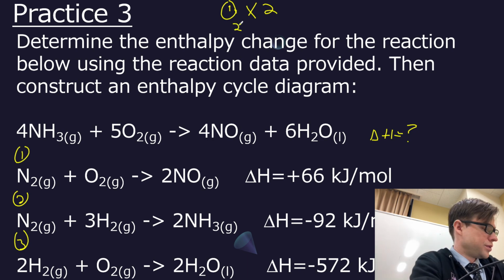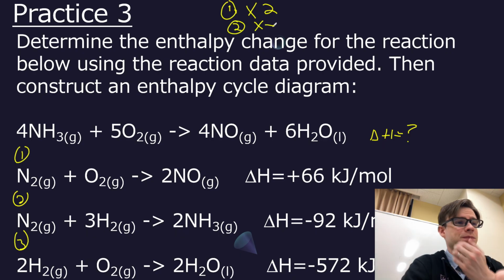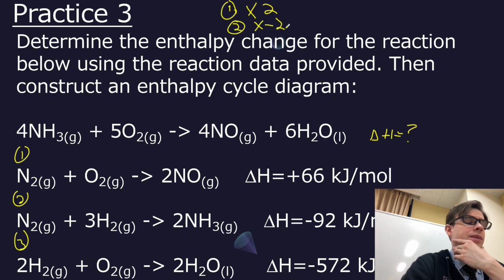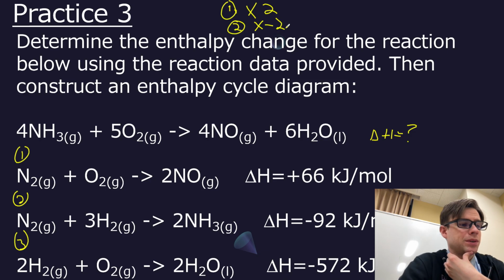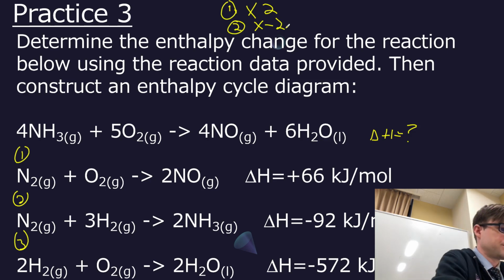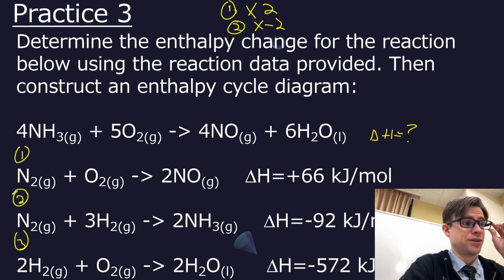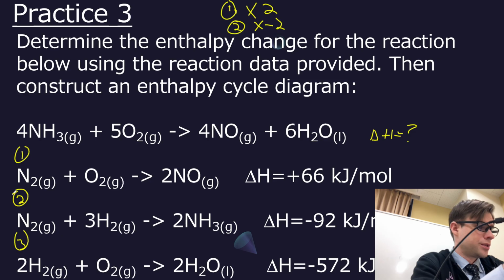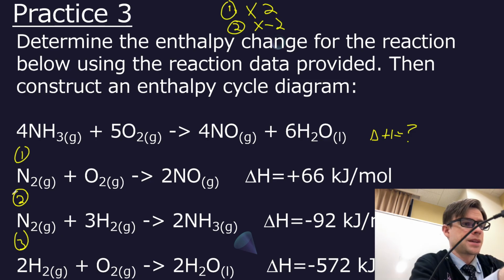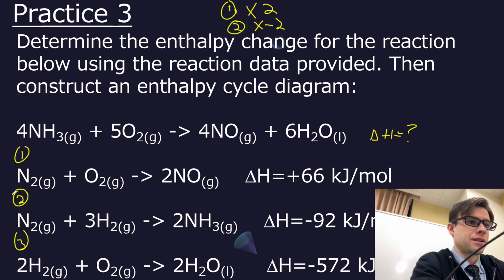Take equation 2 and invert and double it, times minus 2. Why would we do that? Well, we need ammonia, NH3, on the left side, so we have to invert equation 2. But we also need to double it because we need 4 NH3 in the target equation.